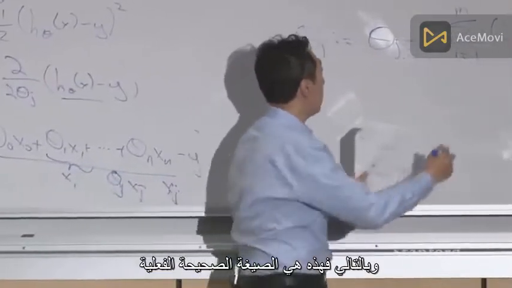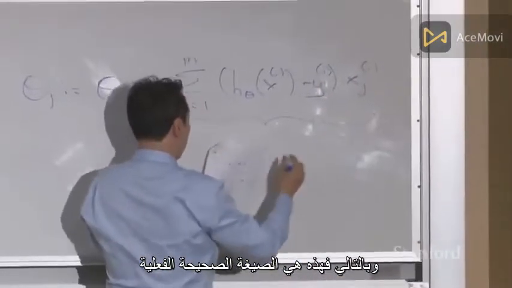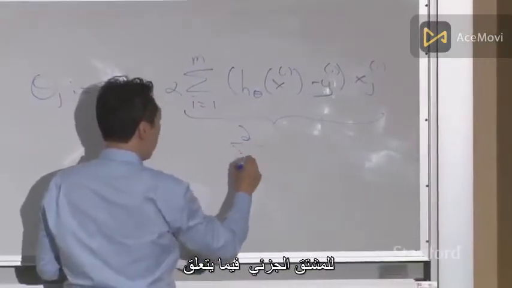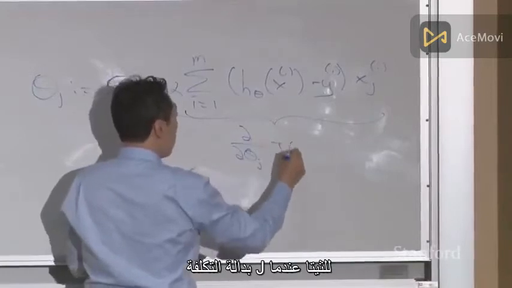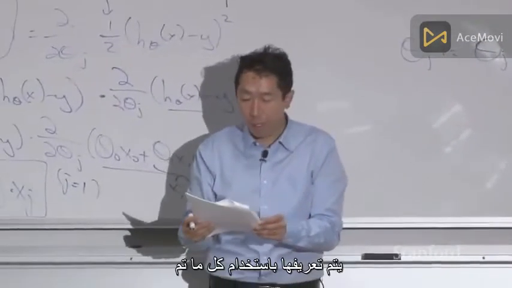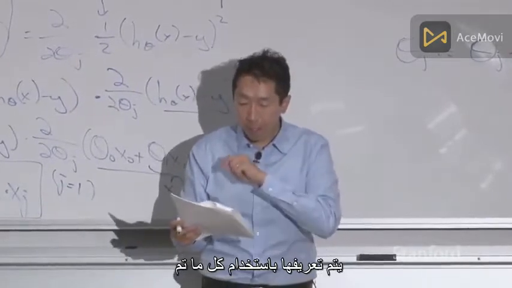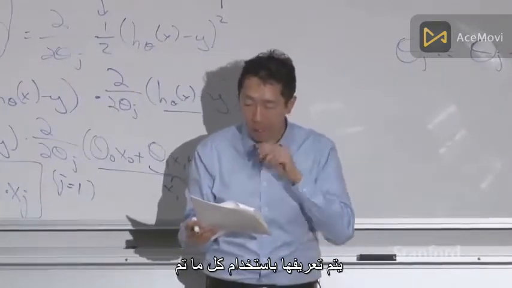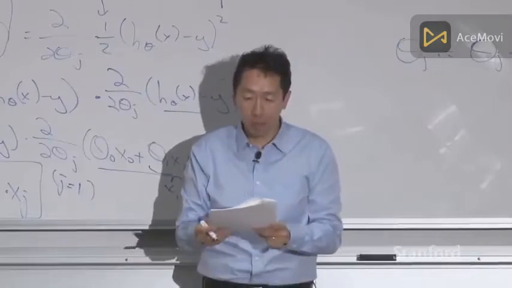Okay? And so this is the actual correct formula for the partial derivative with respect to theta j of the cost function j of theta when it's defined using all of the training examples.